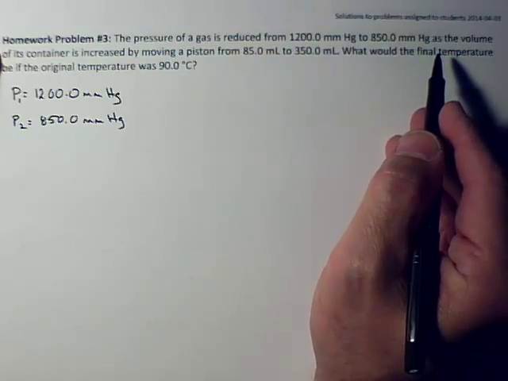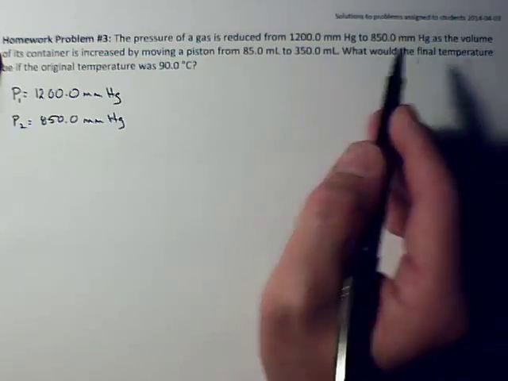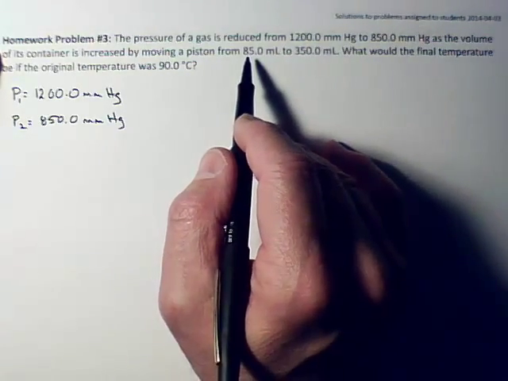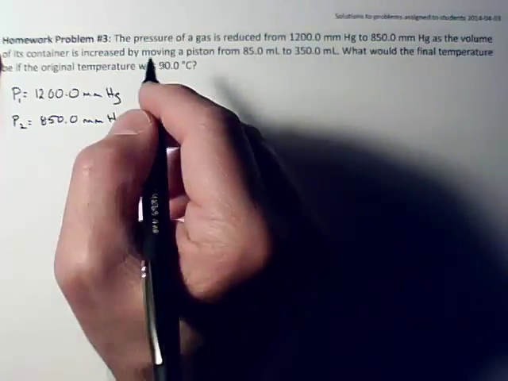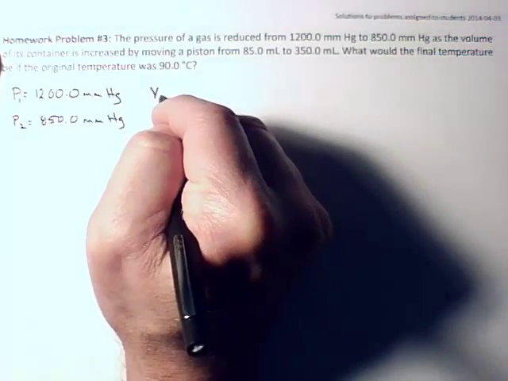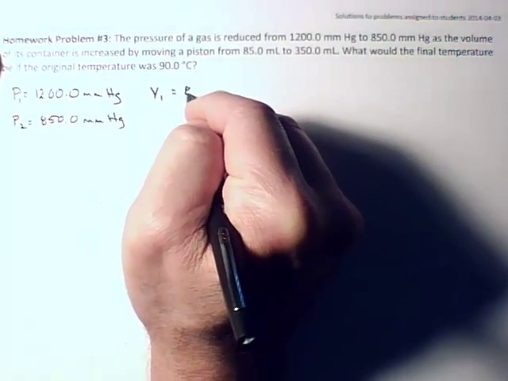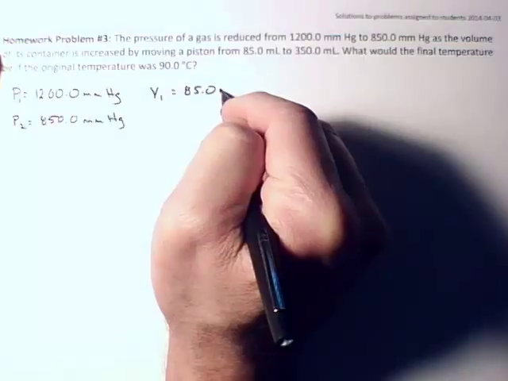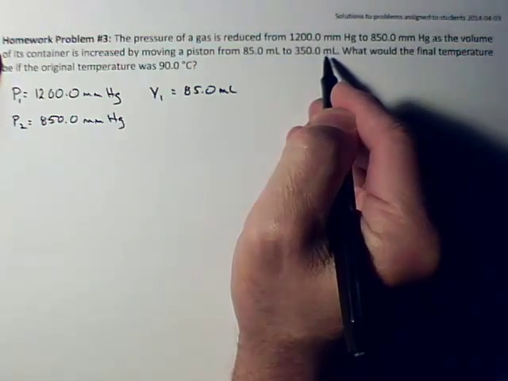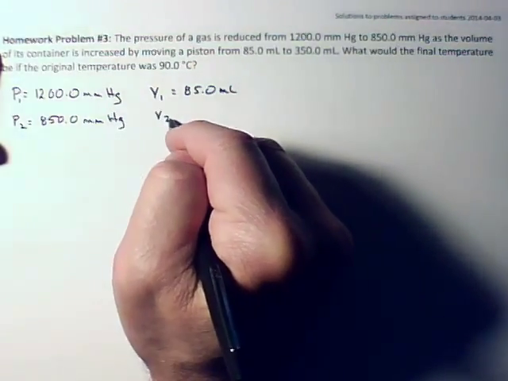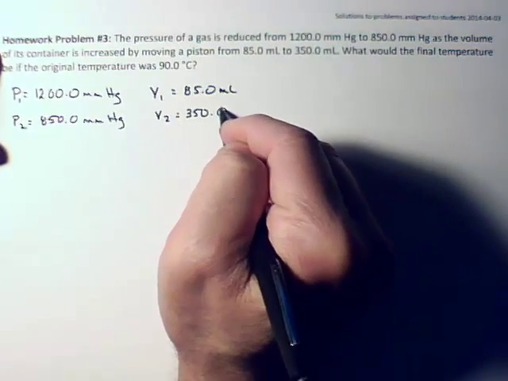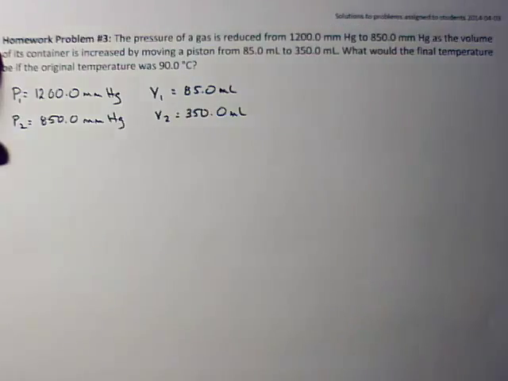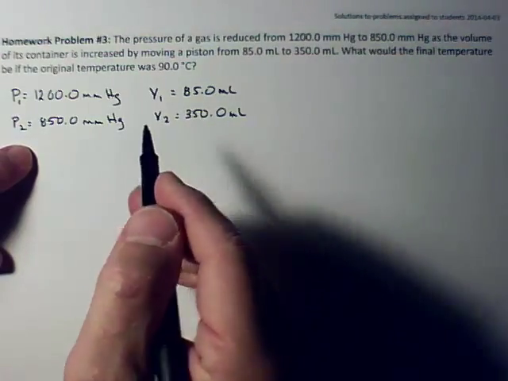The volume of the container is increased by moving a piston from, so this is what we're starting with, that goes along with this number. So that's a volume 1 of 85.0 milliliters to 350.0 milliliters, so that's volume 2. Again, you have to be very careful to read the problem and make sure you're putting the right numbers together, associating them together.